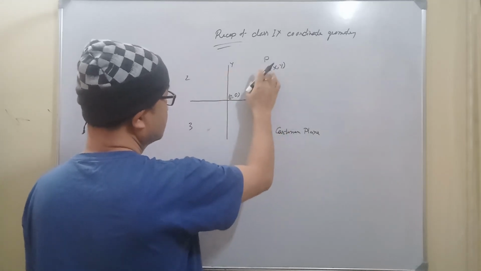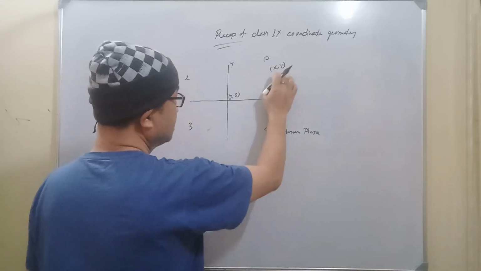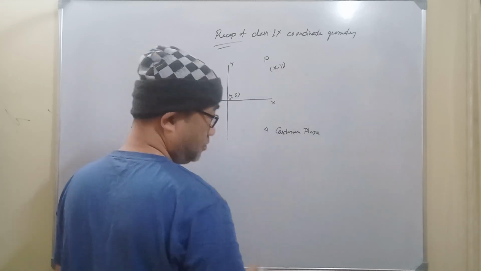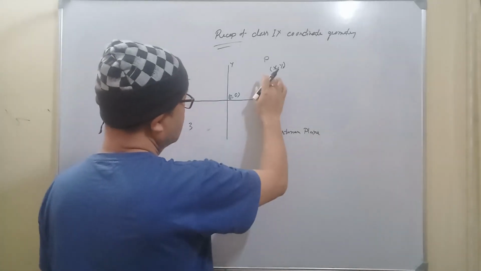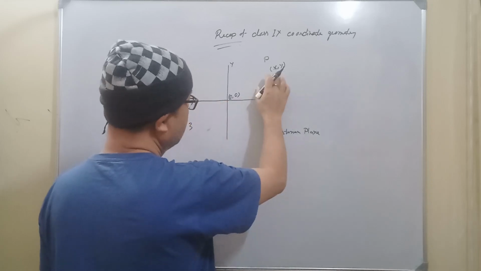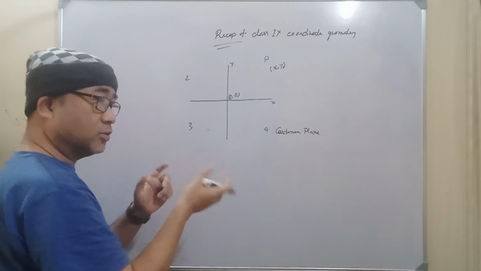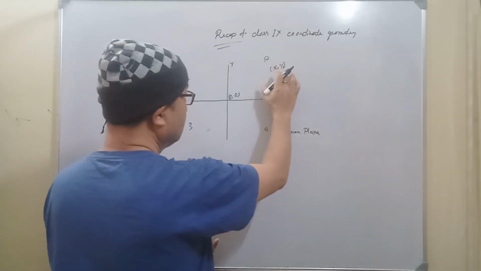These are called coordinates. These are just the representation. We can write x1 and y1 also. So, location of a point on the Cartesian plane is given by a pair of ordered numbers x and y. X always comes first, value of x always comes first, then value of y.